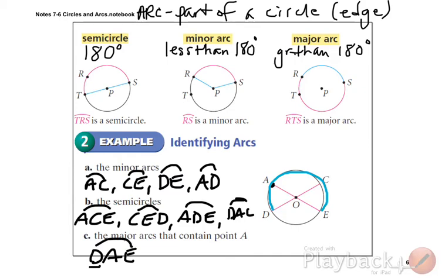Notice the first and last letters are the ones that it begins with and ends with. Let's see if I can find another one. How about the one that goes all the way around like that? That's another one. So that would be arc CAE. That's a major arc and goes through point A.